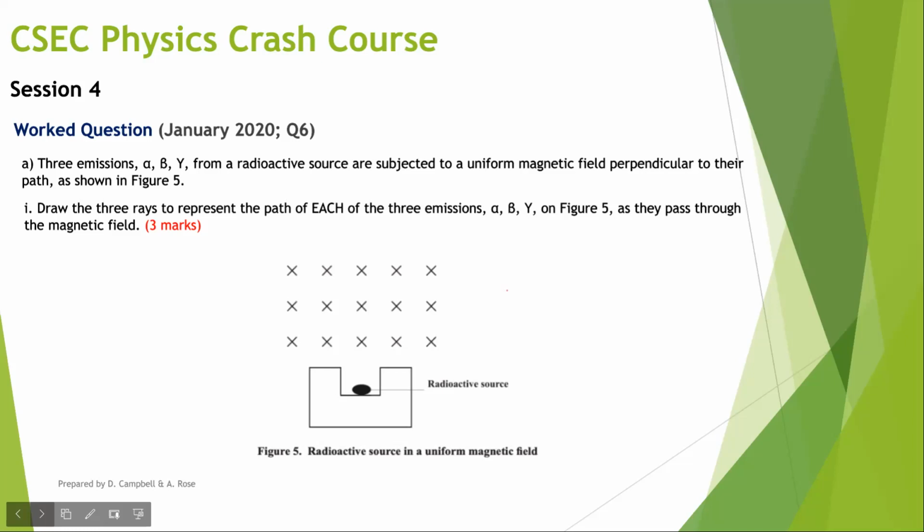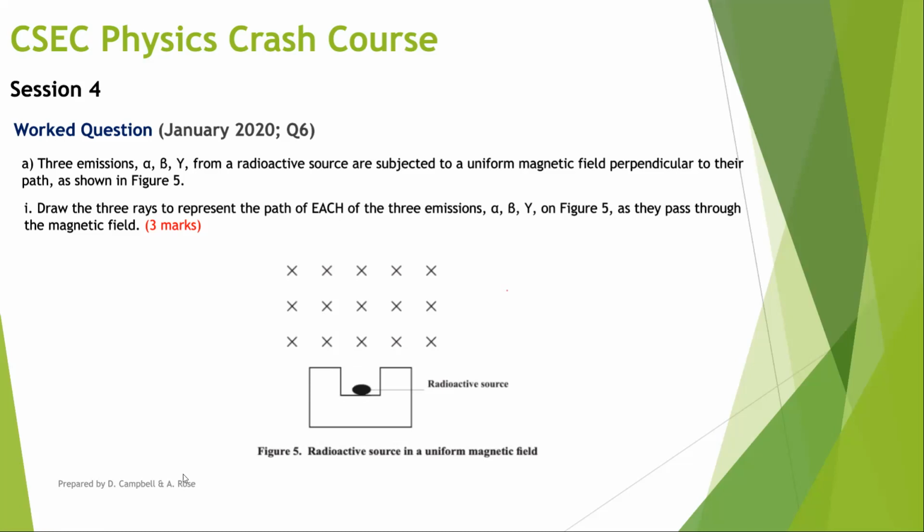Our radioactive source is right in that little box there. So basically the radiation would be emitting upwards into the field generally. Now for the alpha particles, you would point your middle finger upwards to show the direction of the conventional current. So if your forefinger is into the screen and your middle finger is pointing up, you would notice that your thumb points to the left.